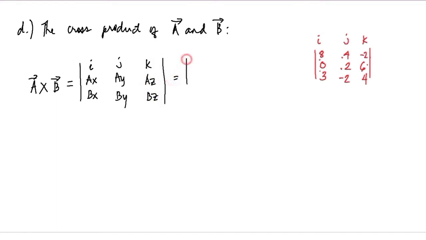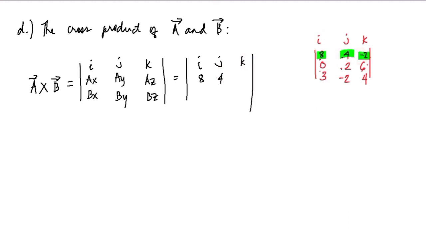So we have here I for the AX, that is 8. And for J, we have here 4. For K, we have here -2.